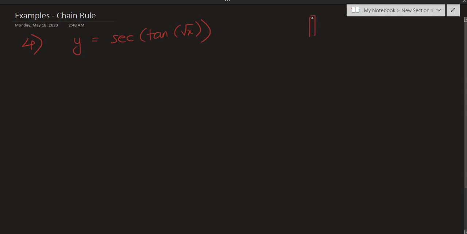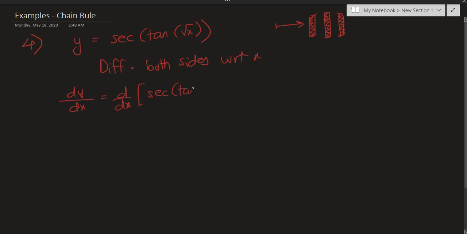Remember the three walls that I described while I was explaining the chain rule to you guys. It's three walls and the derivative is a laser, so we have to differentiate both sides. So differentiating both sides with respect to x, we obtain dy over dx to be nothing but the derivative of this entire quantity, secant of the tangent of square root of x.